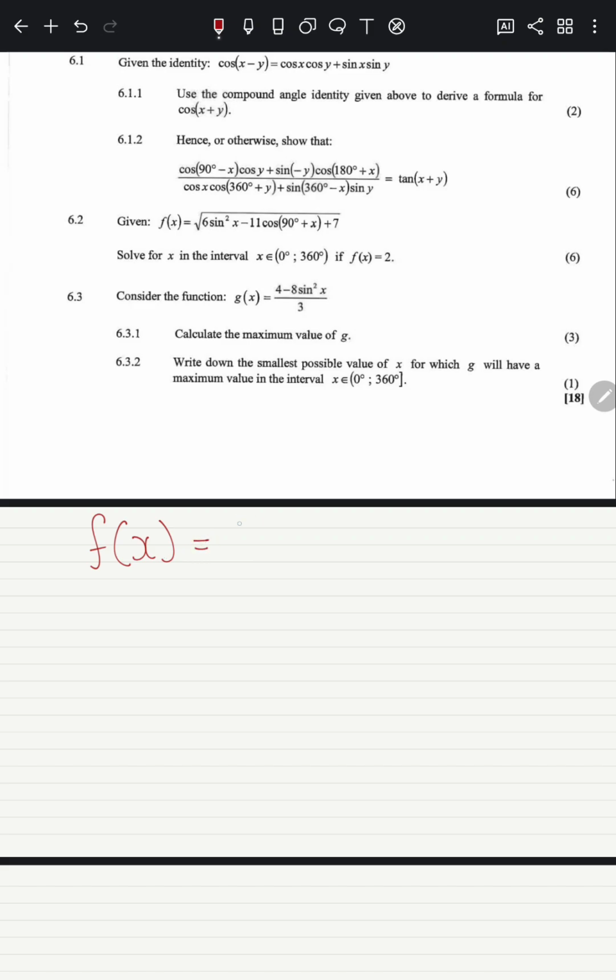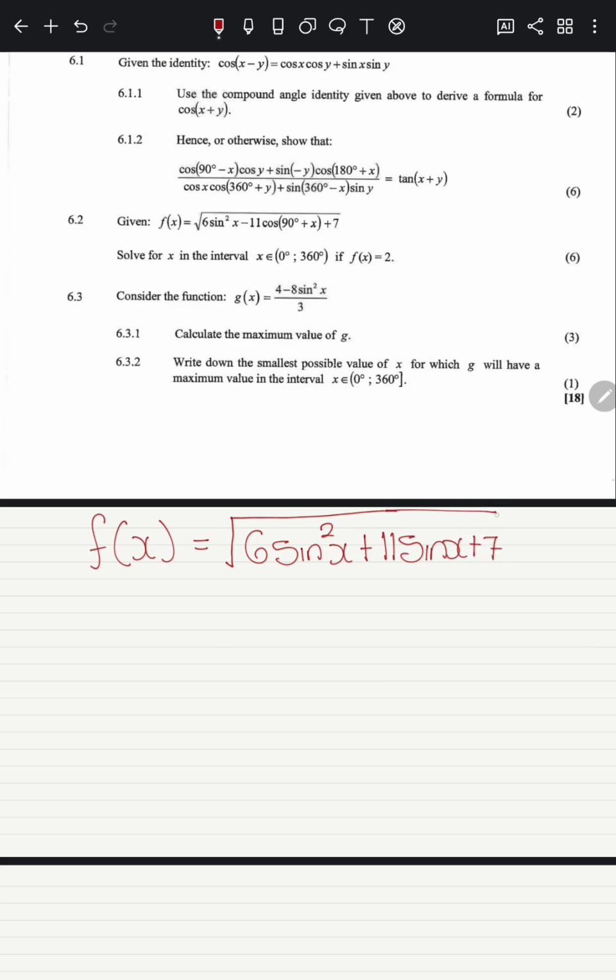Okay, I'm just going to unpack something inside the root. It's going to be 6 sine squared x. Therefore, now I've got 90 plus. Remember, 90 has to change. So when I change it, it's going to be plus, because the negative and the negative will be positive: 11 sine x plus 7.